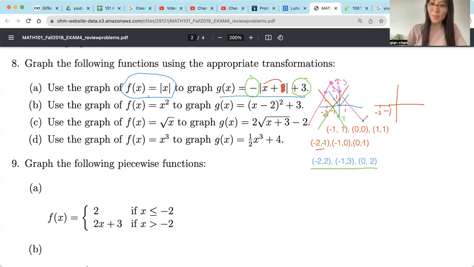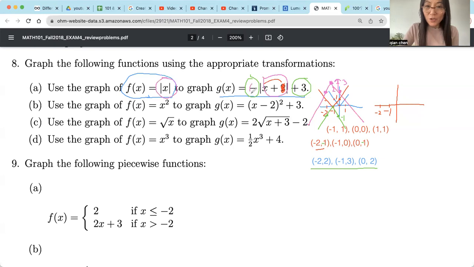Sorry, I don't have enough space, so I draw all the transformations on one graph, which you can do if you use different colors. All right, let's go back to review a little bit. The first transformation is a horizontal transformation, x plus 1. That means every point of this graph is pushed to the left 1 unit, which is the red color.